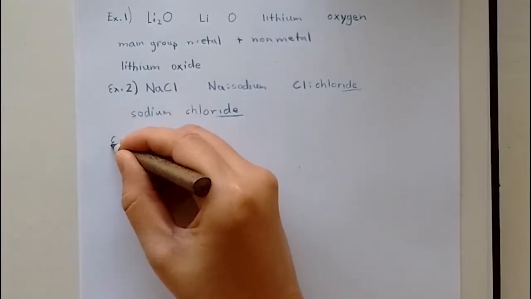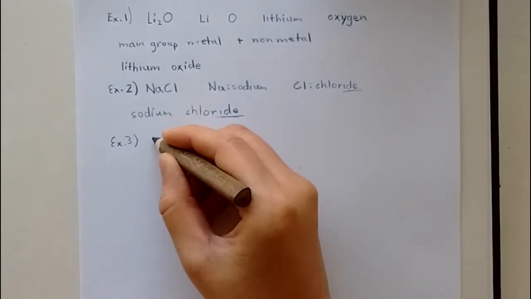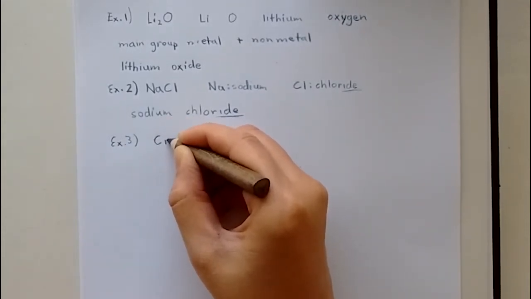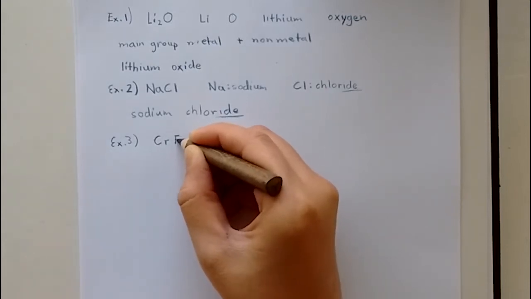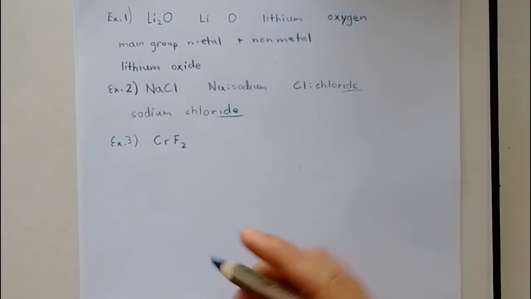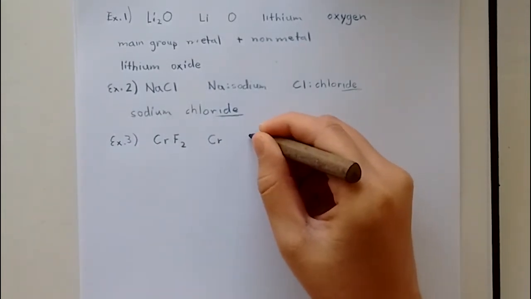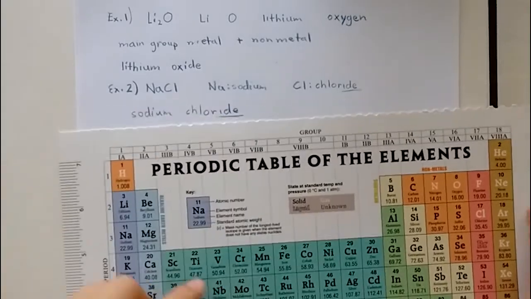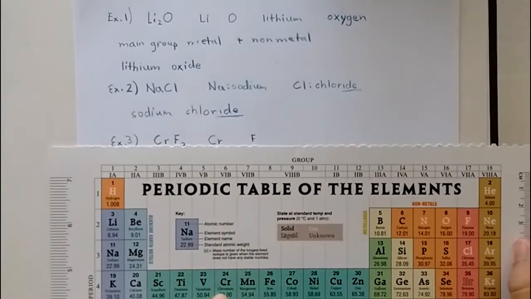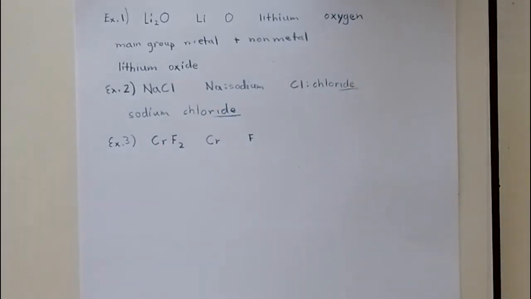Alright, so for our third example, we have this one. Once again, the elements are going to be these. Looking at the periodic table, we see that we have chromium and we have fluorine.